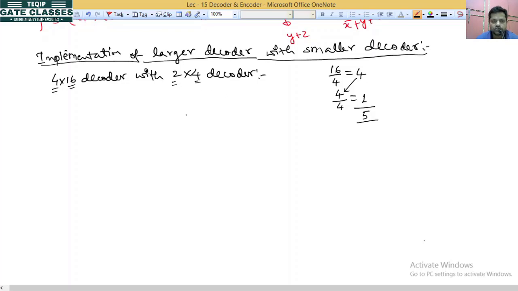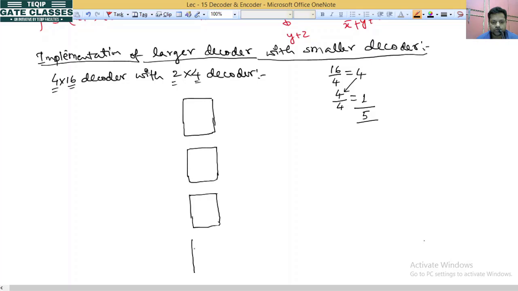So it tells that you have to add 4 2x4 decoders at the last level. Why at the last level? Because we have to get 16 outputs, okay na?